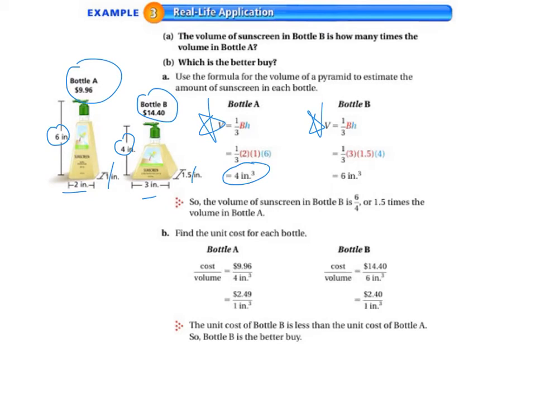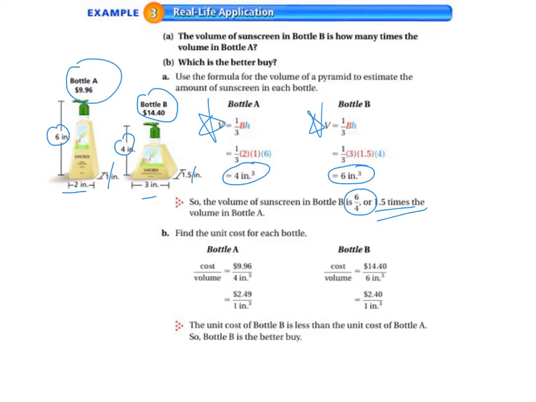And then bottle B, the area of the base is 3 times 1.5, and then we multiply that times 4, and multiply the whole thing times 1/3, and we get 6 cubic inches. So the volume of the sunscreen in bottle B is 6/4, or 1.5 times the volume in bottle A.